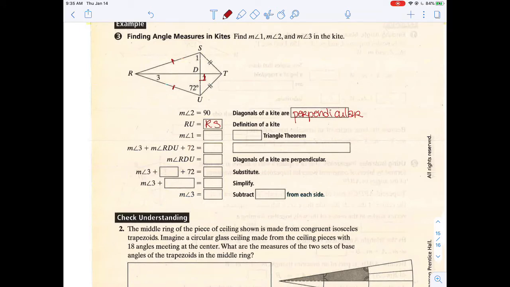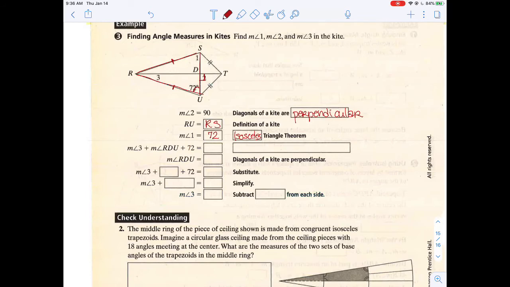It's not a kite if the two adjacent sides are not equal. So to find the measure of angle 1, we can use the isosceles triangle theorem. Since those are equal, this makes an isosceles triangle. And since this side is 72, that means angle 1 is also 72.